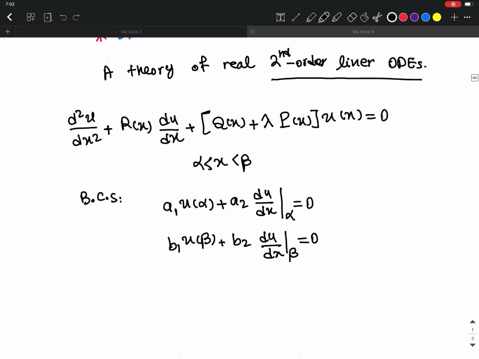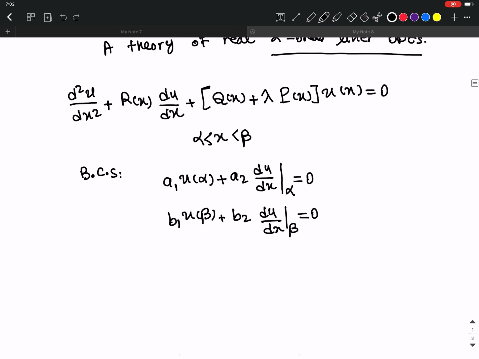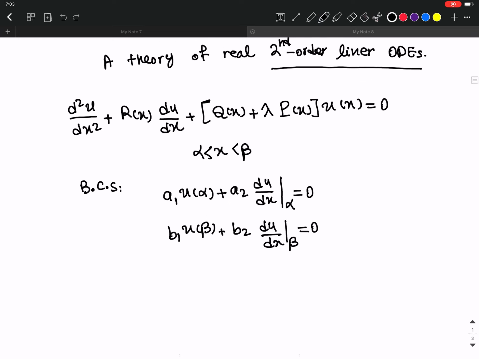Okay, so this is the problem statement that we have, and we now want to find a way or technique to solve this second order linear ODE.